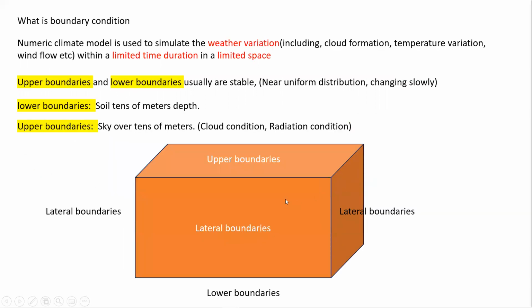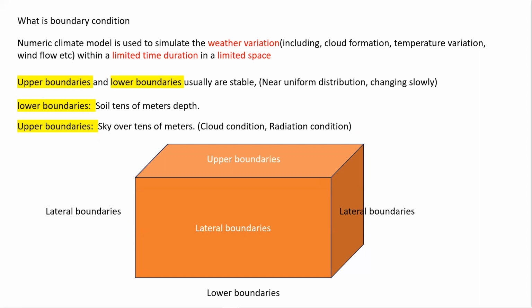We have distinguished them in simulations. The upper surface and lower surface are the upper boundary and lower boundary. They are not as important as the lateral boundaries, because the upper boundaries are usually skies tens of meters high. There's almost nothing there, only clouds, so they won't have much influence.